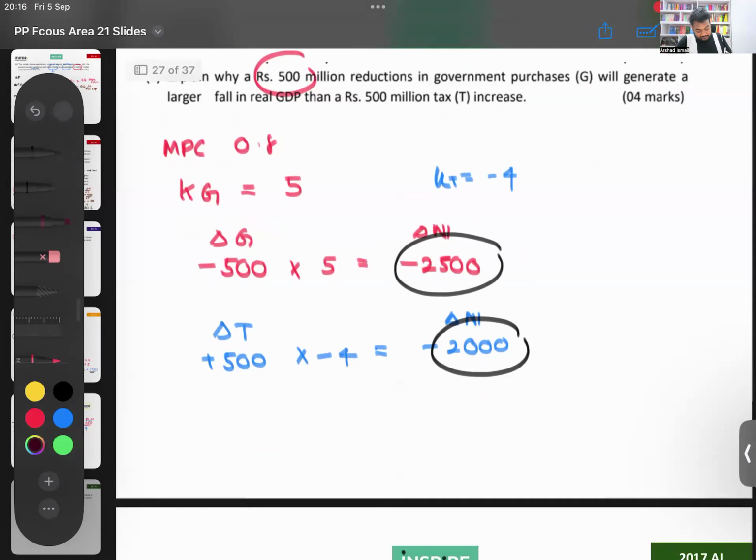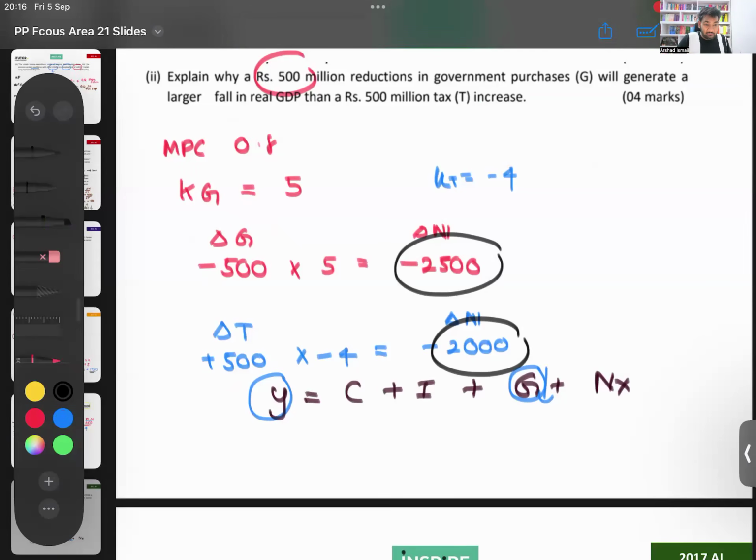If you take your equation Y equals C plus I plus G plus net exports, when you reduce government spending, it directly impacts your Y. But if you reduce taxes, it doesn't directly impact it.